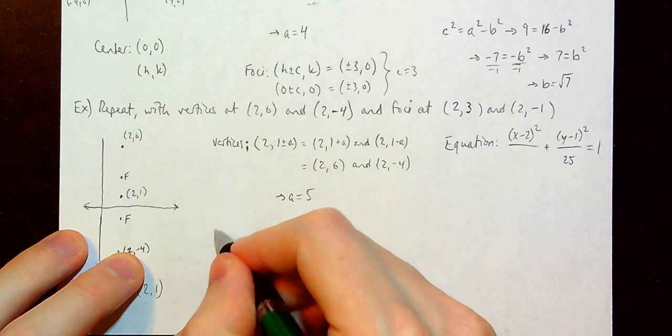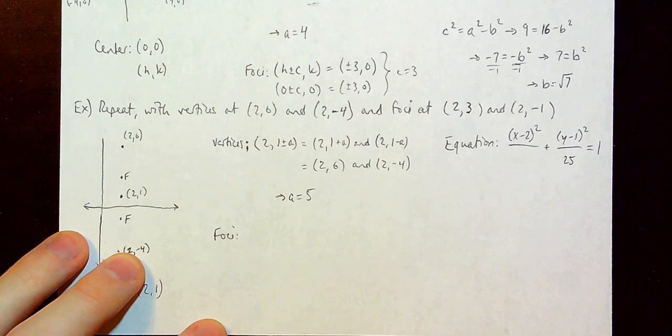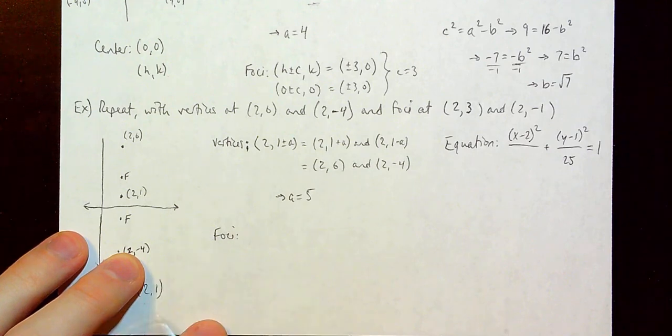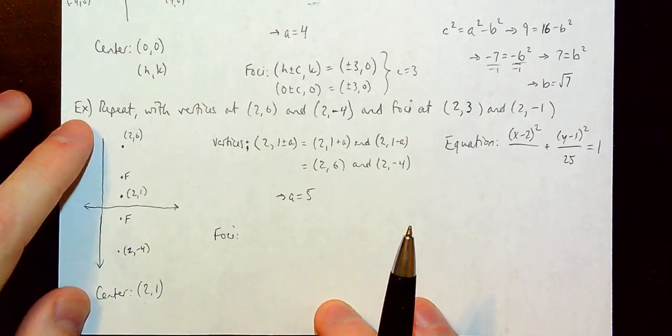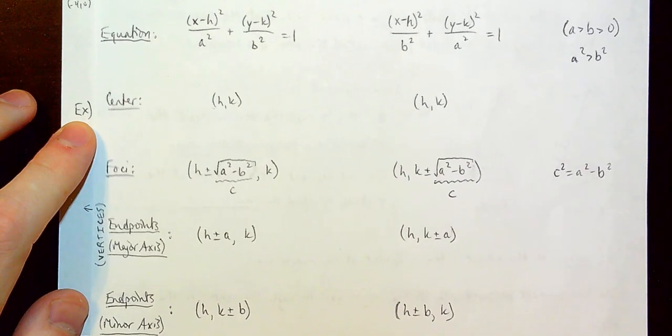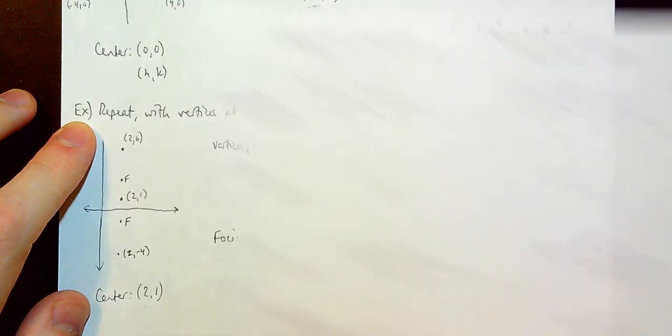Now the foci, and we're going to do a similar kind of thing as we did with our vertices. We're going to first set it up using the actual points here, and then we'll look at what is the missing piece that we need in terms of looking at the graph here. So the formula for the foci, if we have a vertical major axis, is h comma k plus or minus c.